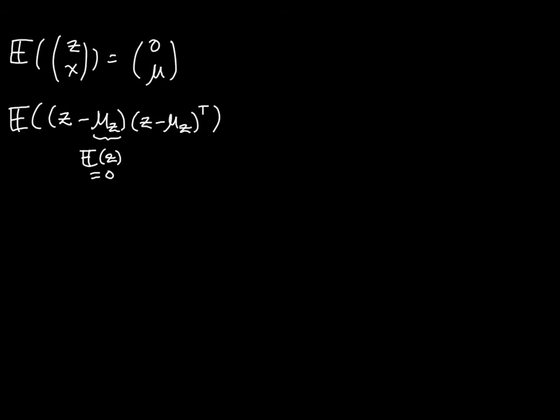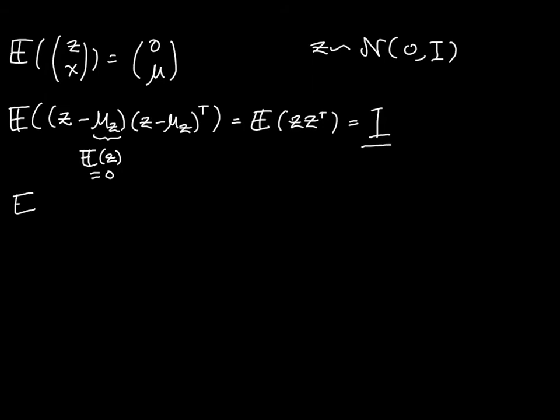And this is equal to 0, right? So what we really have is just z z transpose, right? And by definition, z z transpose is going to be the identity matrix, because what we just said before was z belongs to a distribution of N(0, I), right? And so this is the covariance. Okay, so we're done there.